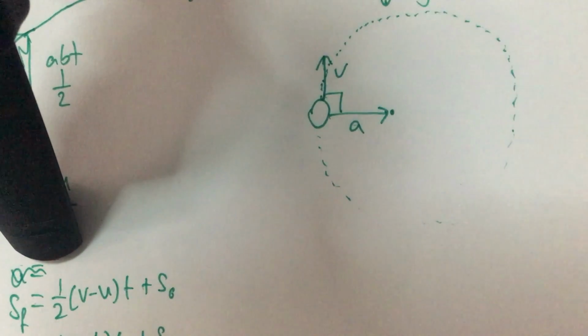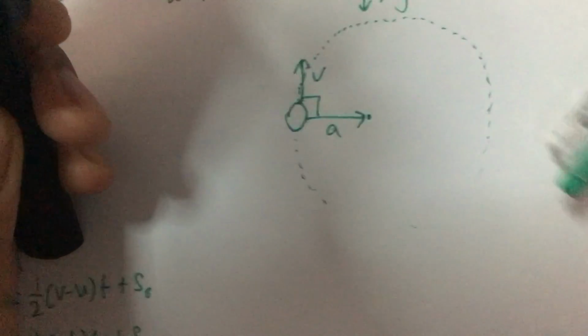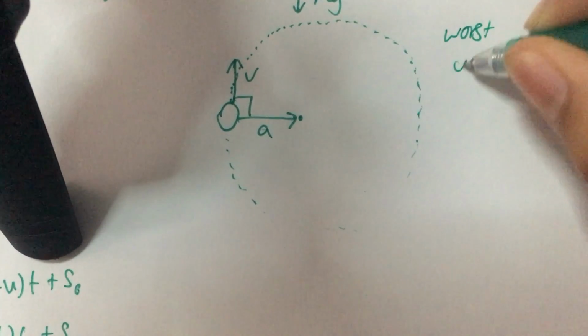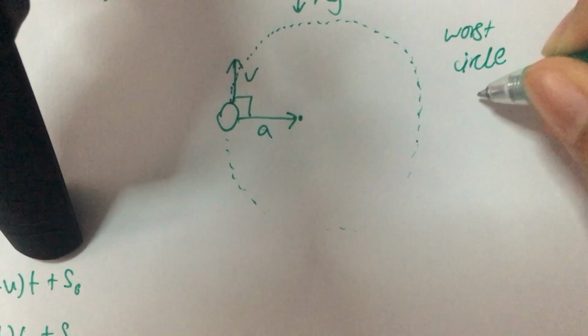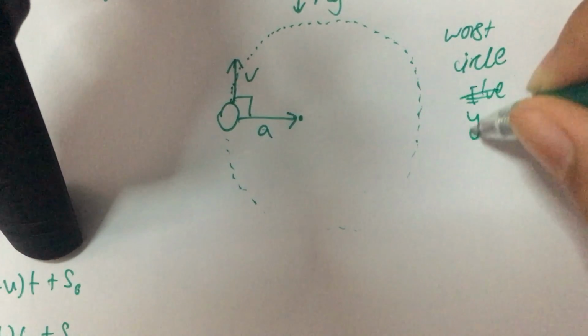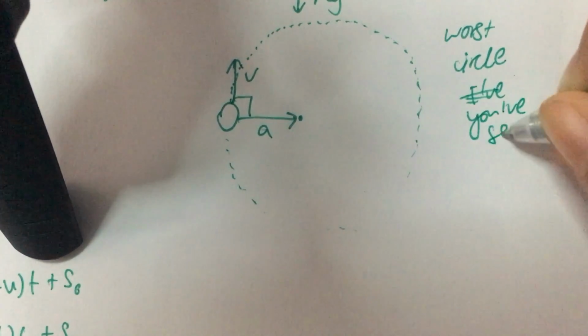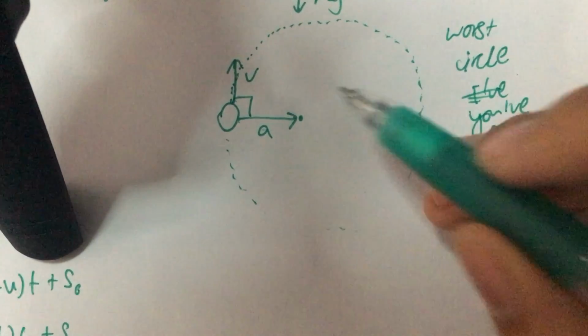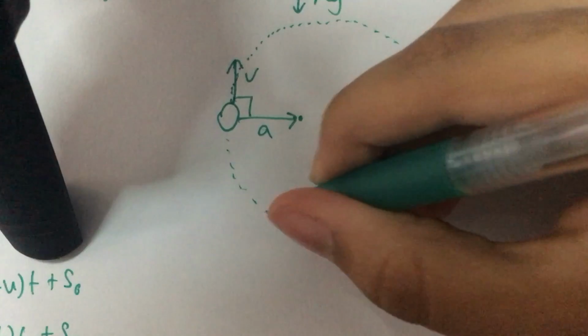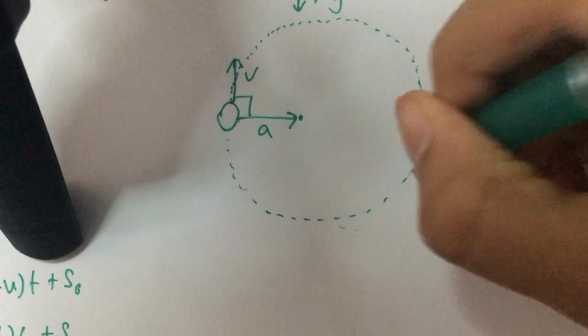Imagine you have a pin at the center, and you have a string tied to it, and you have a ball. When the ball is being pushed around, your string, which represents that acceleration, is pulling you inwards, and your ball cannot keep on going straight, because it's attached to a string.